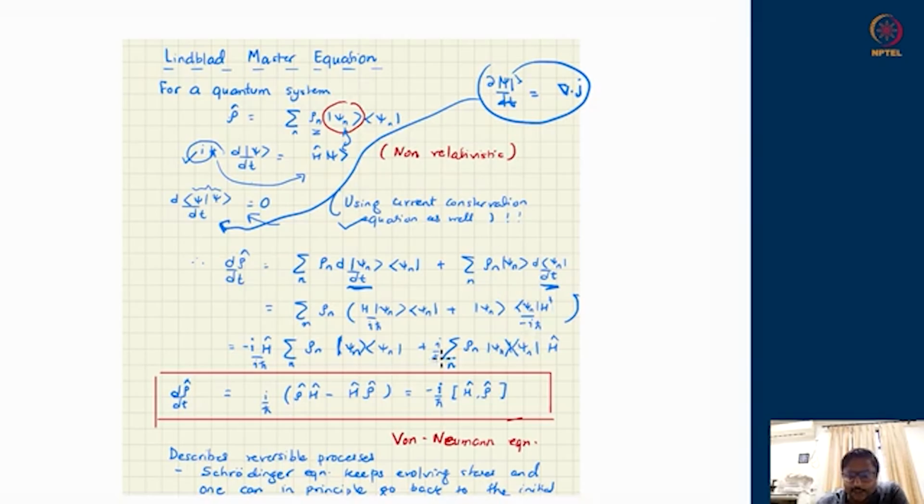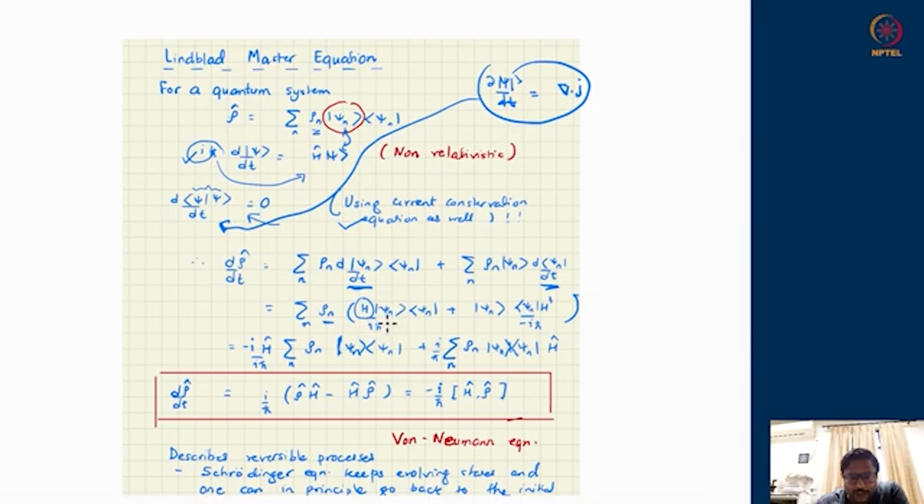So the second term will also become, with a minus sign, psi n outer product psi n and h. You see I have two terms, where one has minus iota h appearing first. For example, in this term, h appears first, and then this pn can go in with the summation inside, and it will convert itself into the density matrix.